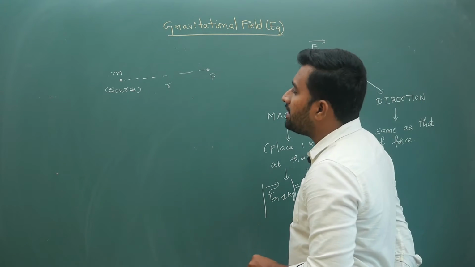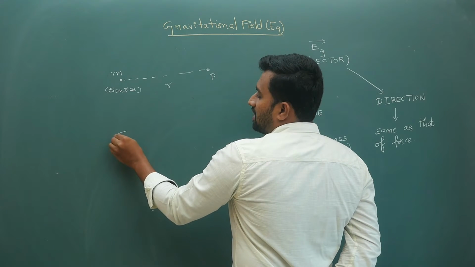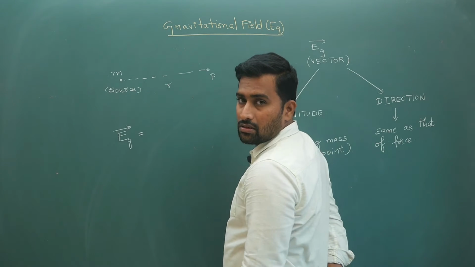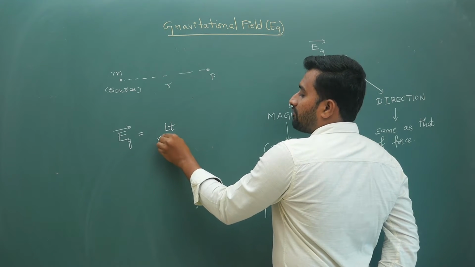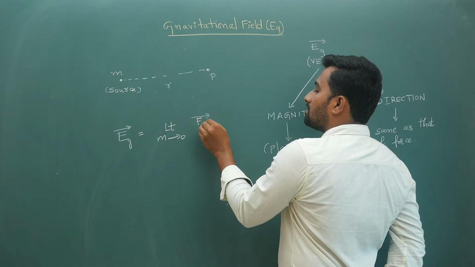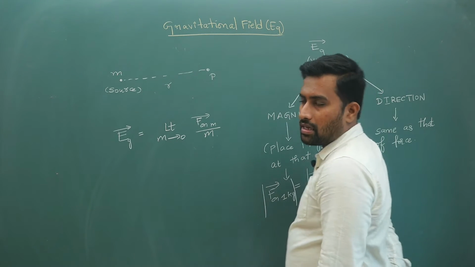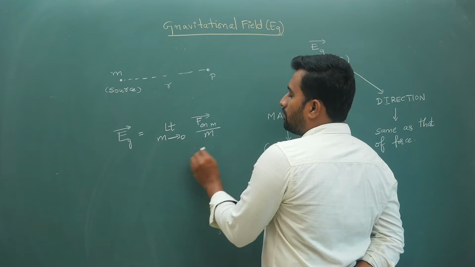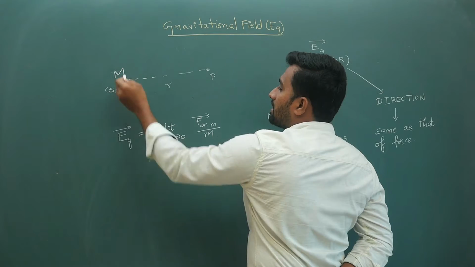Now, why did this definition come? Your gravitational field is the limit, as mass tends to 0, of the force on the mass divided by the mass. That is actually force per unit mass, F by m. Let me keep some capital M here.